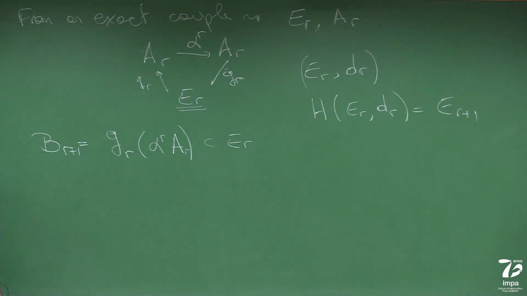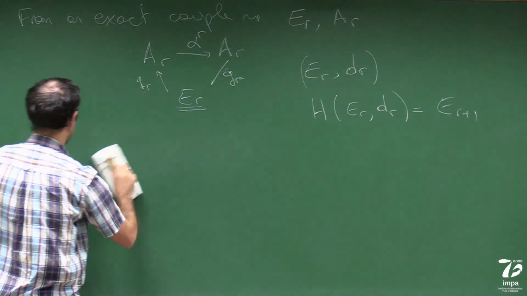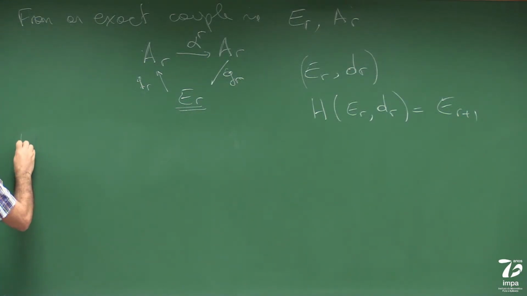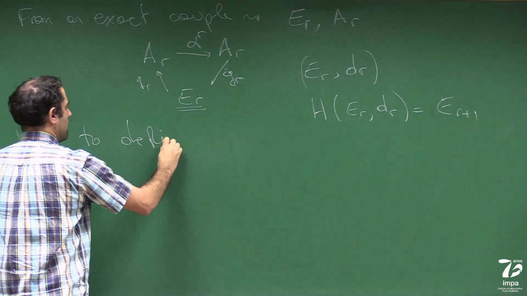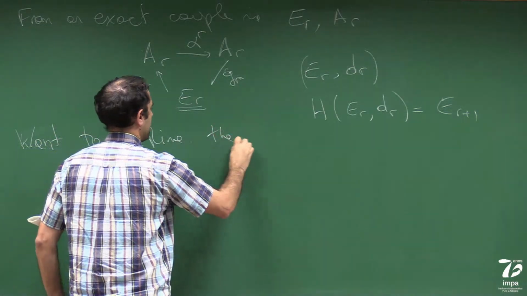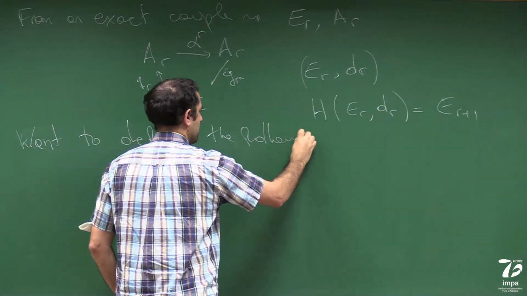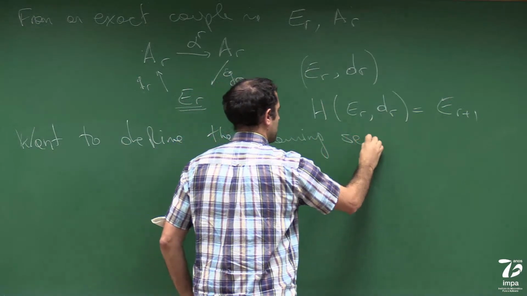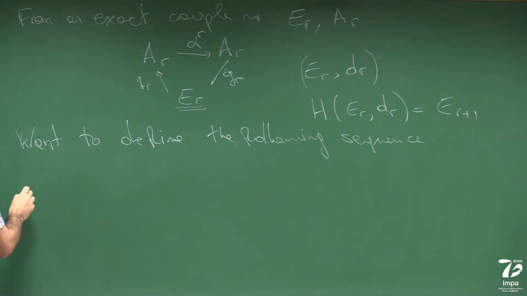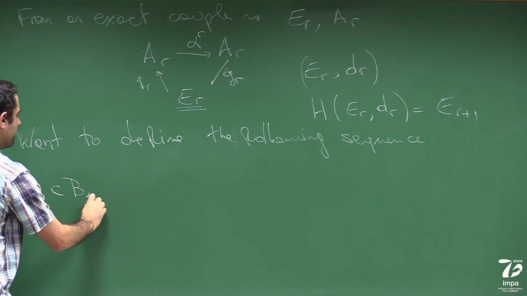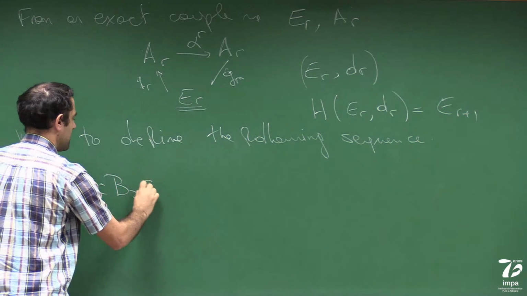But yeah, let's be more precise here. I want to define something more concrete. I want to define the following sequence. I'm going to start with 0, which is included in B^1, which is included in B^2, and so forth.